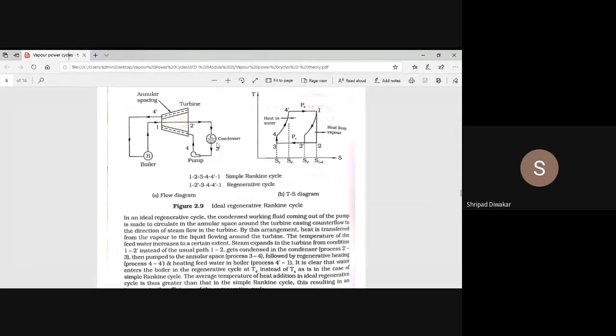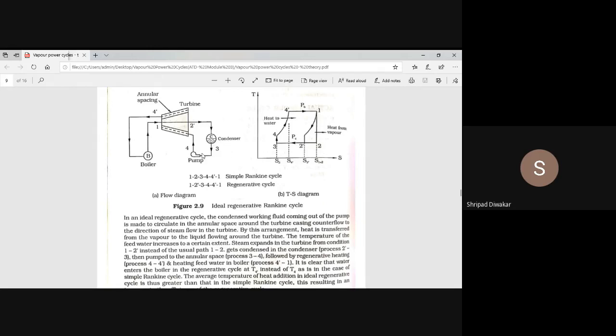See the diagram, 2-3 is condensation. Condensation means heat rejection, a change in phase from vapor to liquid. 2-3 is your condenser. The condensate coming out from the condenser is pumped.